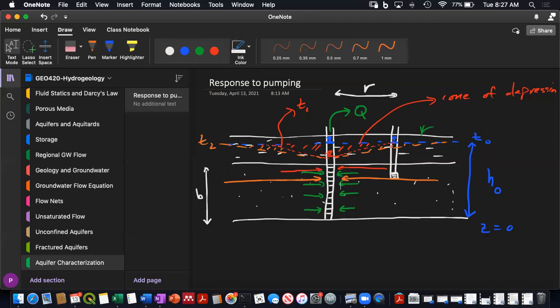And as we do that, we're drawing water from farther and farther away from the well. It's just the distance at which we're affecting or pulling water out of the aquifer. It's not necessarily intensity, it's just the fact that the longer we pump, the farther out from the aquifer we are pulling water into our well.